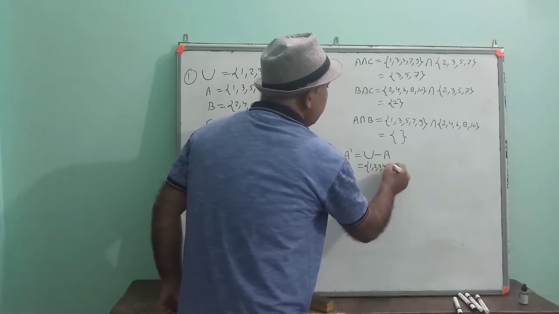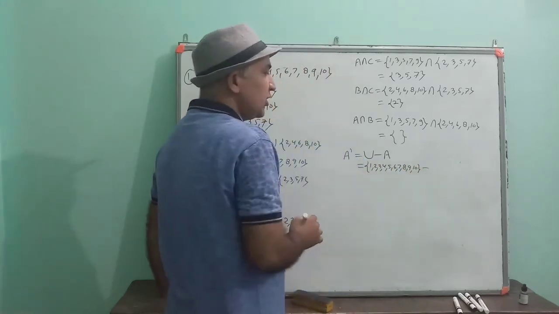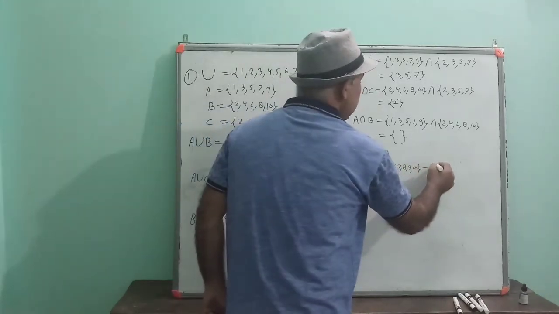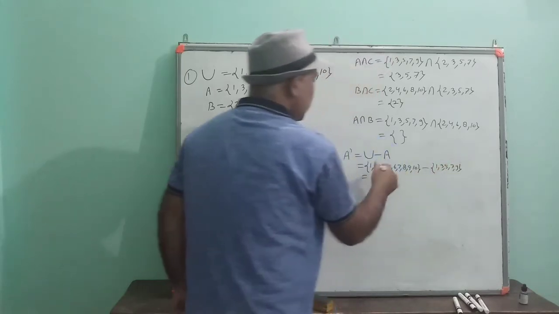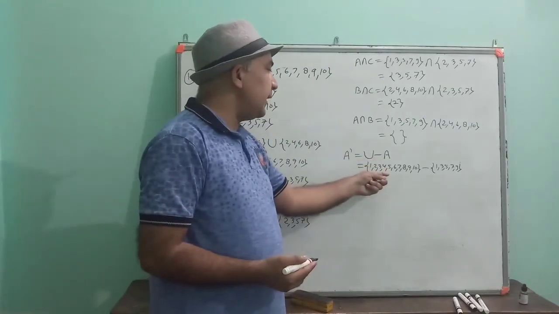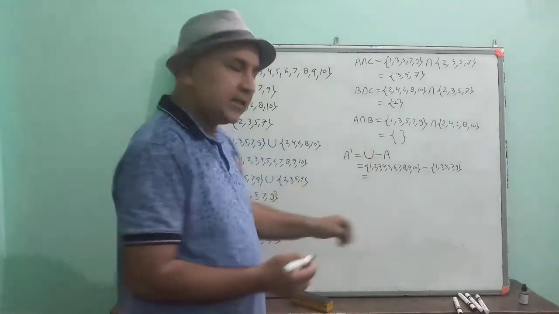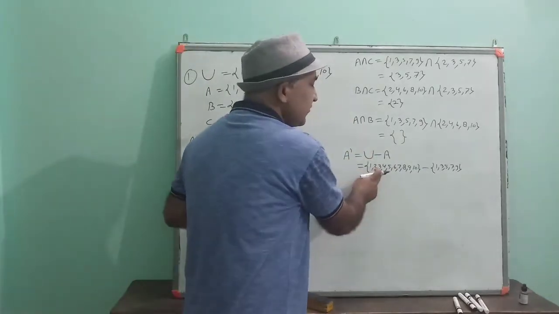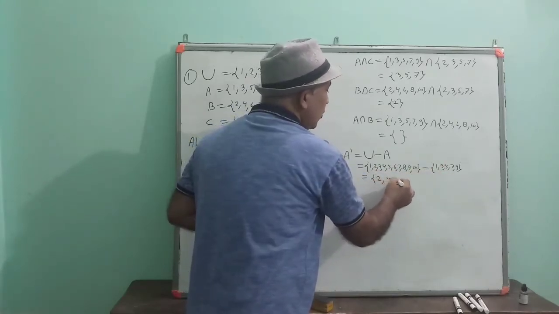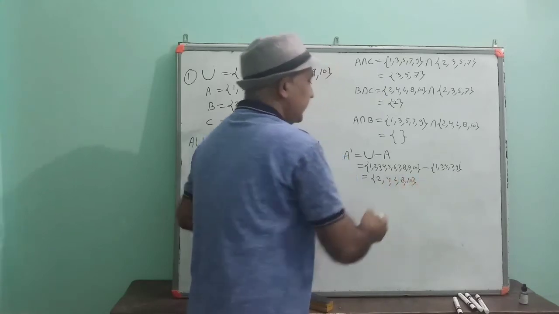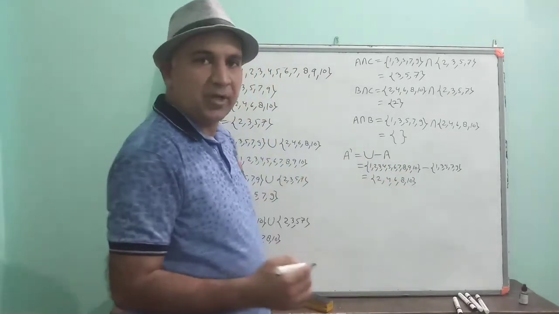The universal set has the elements, the first 10 natural numbers, minus A, which has the elements 1, 3, 5, 7 and 9. Universal set minus A means all the elements of the universal set which are not in A. The elements which are here but not there. So what is not there? 2, 4, 6, 8 and 10. These elements are not present in A. So this set will be called the A complement.